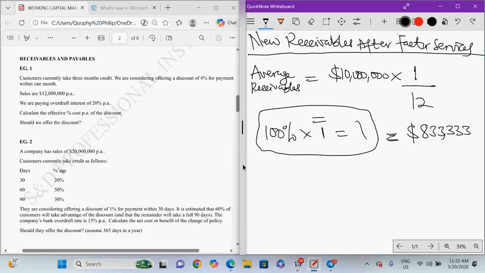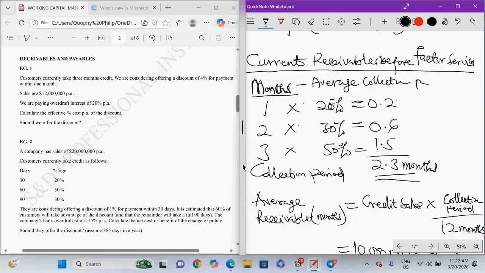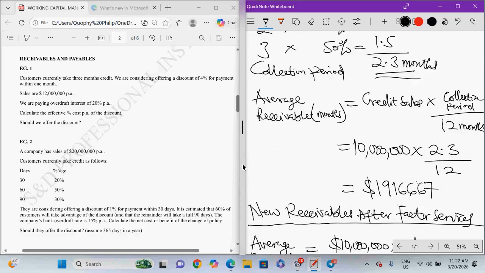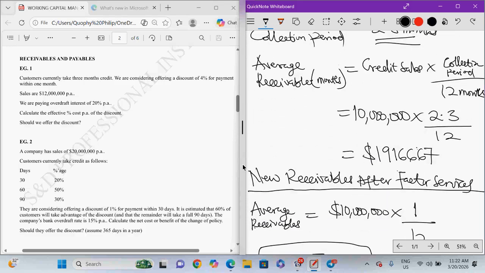So what can we see comparing before and after? How much is the before? The before is 1,991,667.